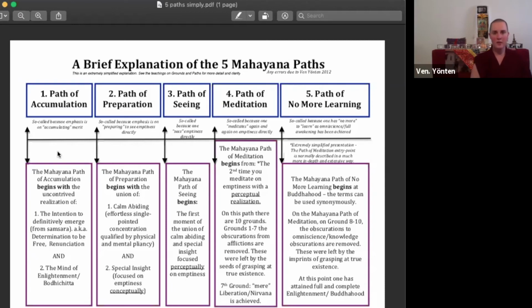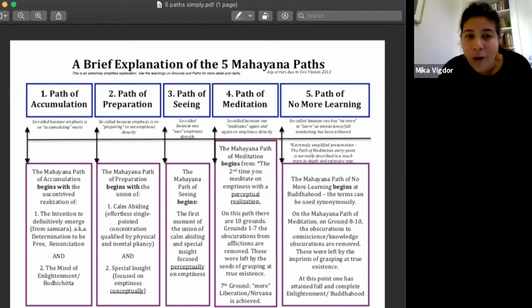So these paths are all related to method and wisdom both, but in the beginning there's more method, and then there's more union, and then that union becomes more direct, and then emptiness is mostly emphasized. Starting to come clearer, this framework?